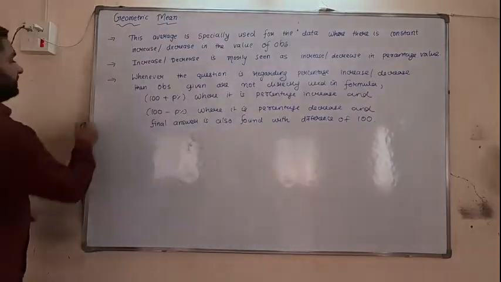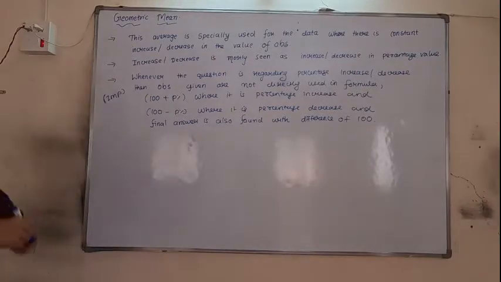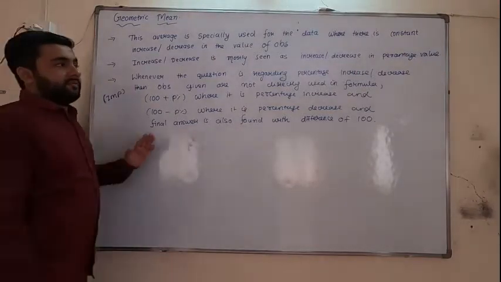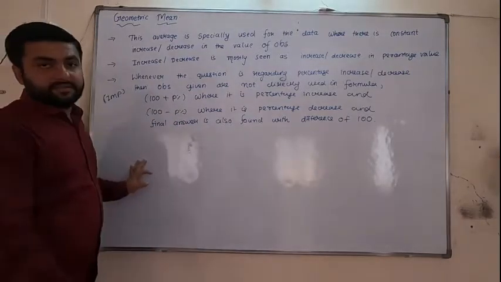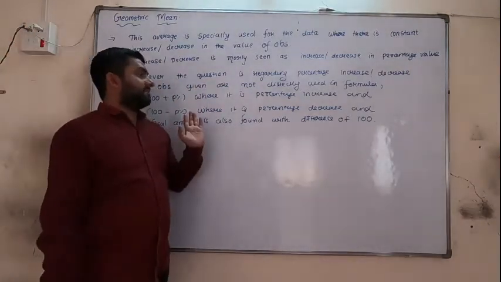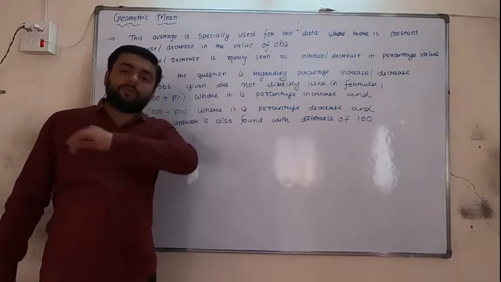See, this point is very important. Third point. Whenever the question is regarding percentage increase or decrease, the observations given are not directly used in the formula. The formula is x1 into x2, where normally you take the observations directly.